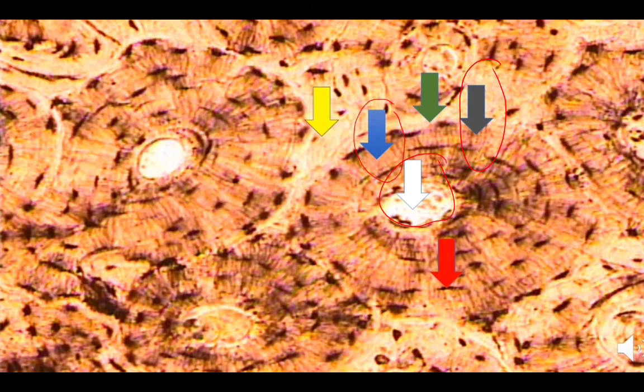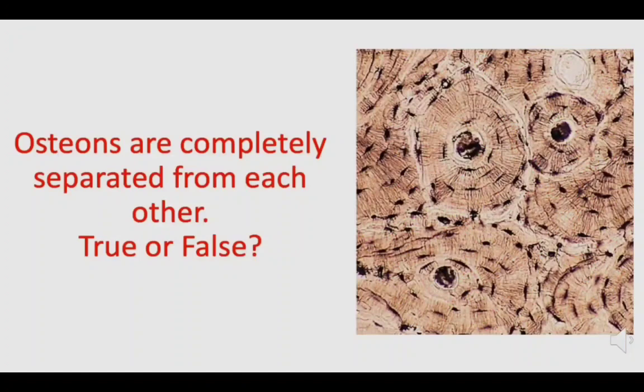Very good. Okay, if your answer is canaliculi or canaliculus, very good, you did well. The green arrow is pointing at what? Very good, a cement line. Okay, the yellow arrow is pointing at what? If your answer is interstitial lamellae, you are correct. Okay, so let's move on to the next slide.